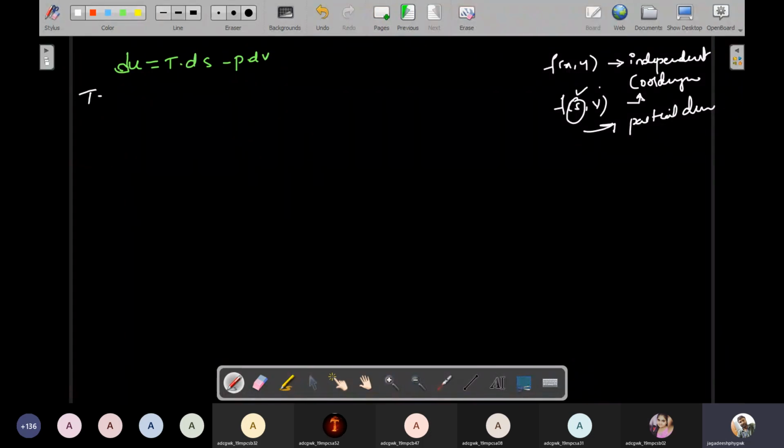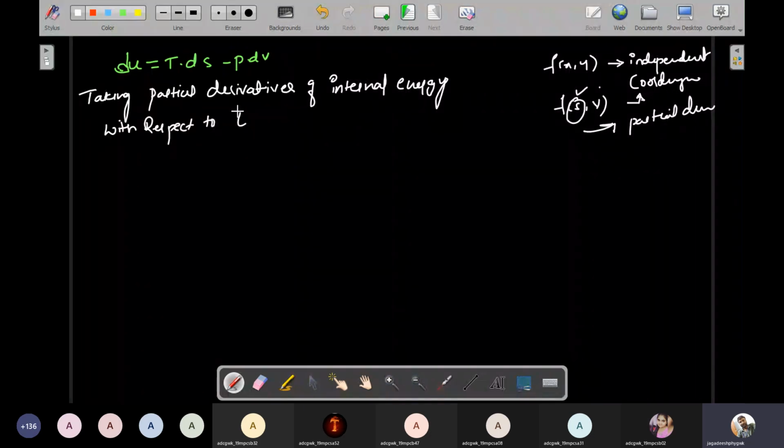So taking partial derivatives of internal energy with respect to entropy and volume. Okay, so take partial derivatives.